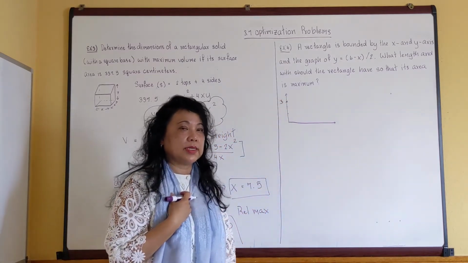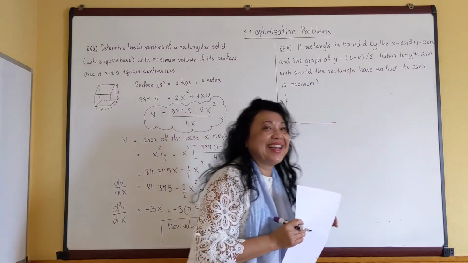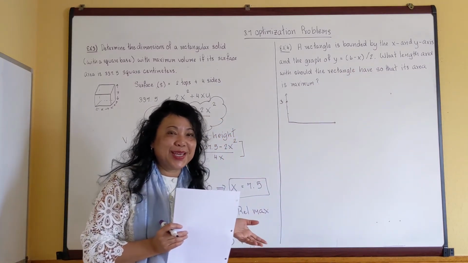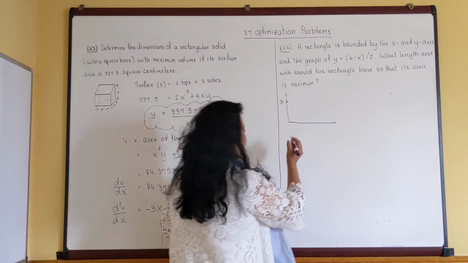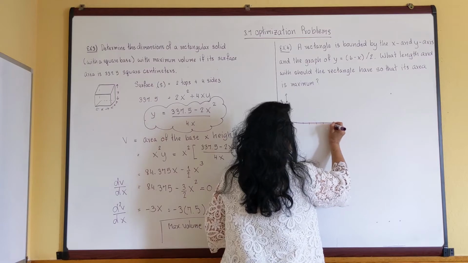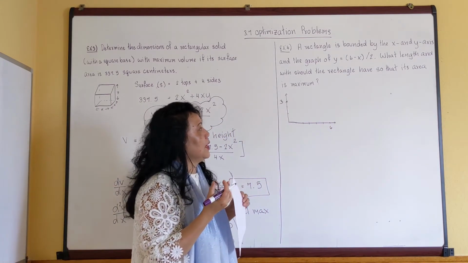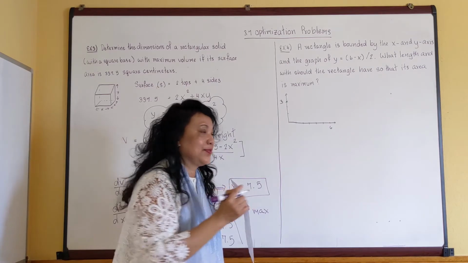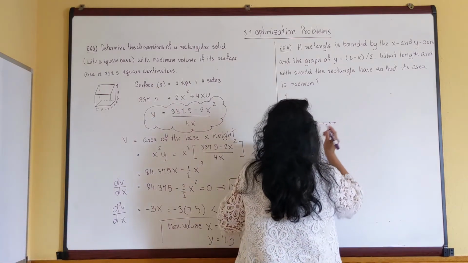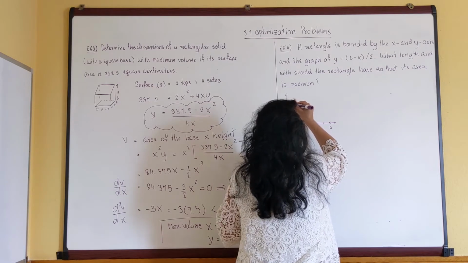Let's make it easy on ourselves. Let x be 6, then y would be 0. Again, we have a linear function, so 2 points is enough. So that's going to be my line.